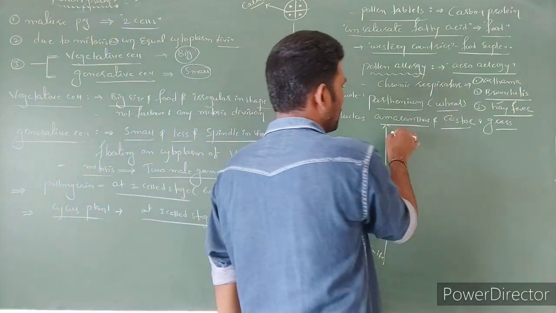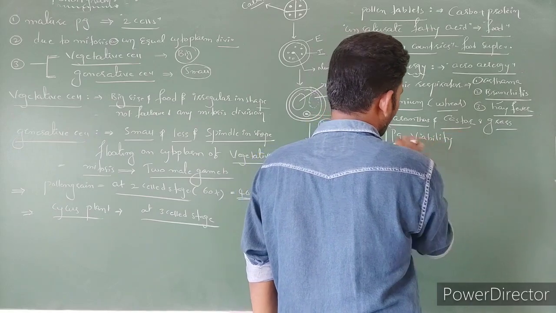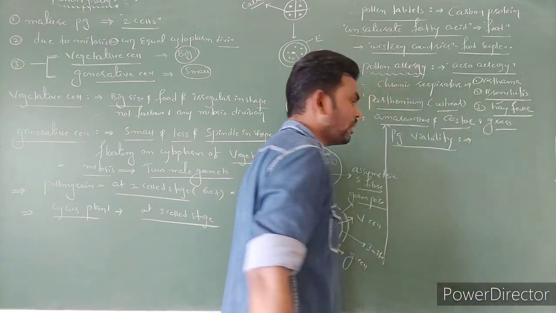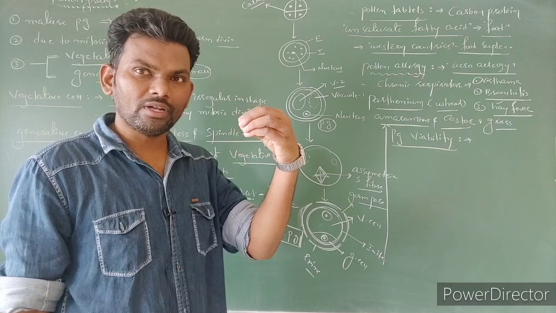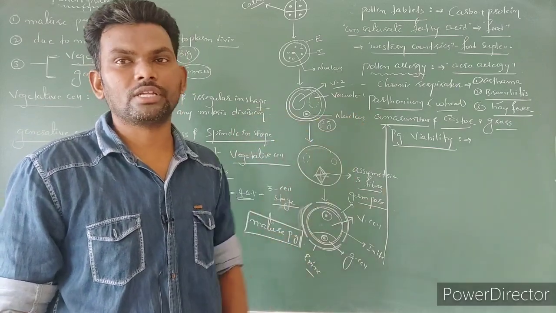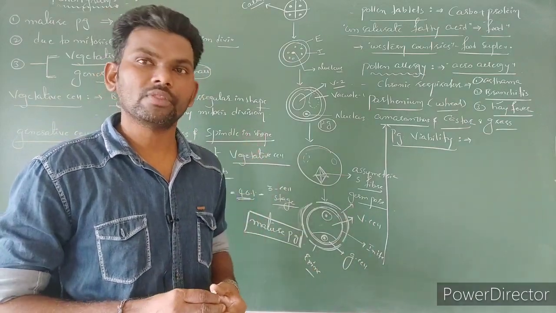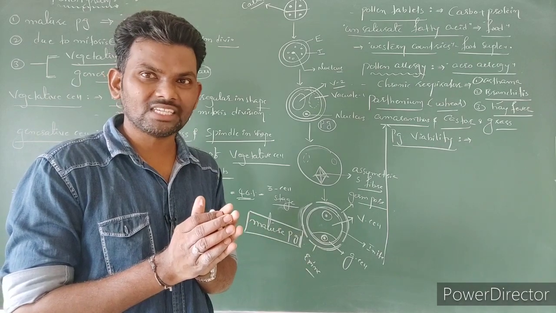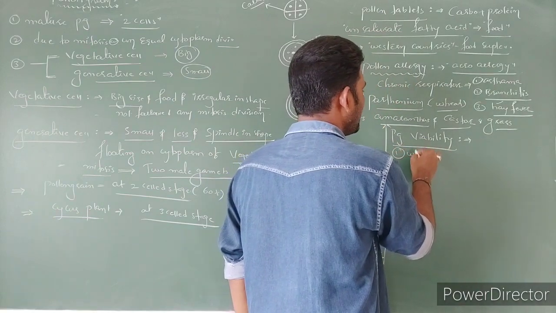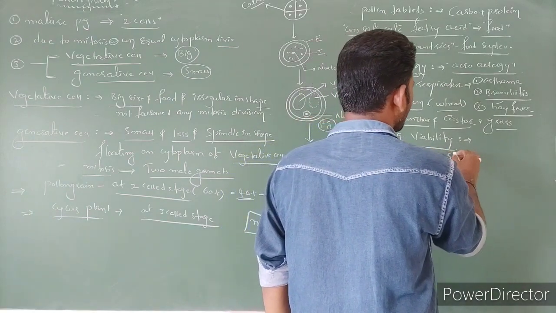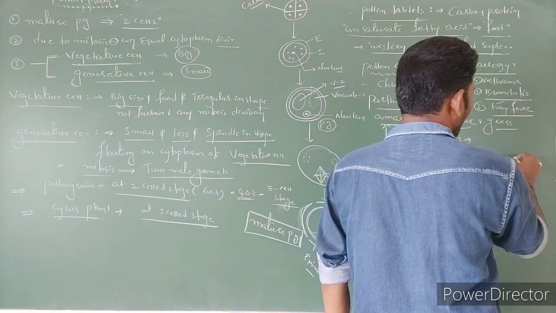Next, pollen grain viability, which is nothing but germination. Pollen viability differs in different species. If the pollen grain drops on the stigma within the viability time, then fertilization occurs. After the pollen viability time, the pollen grain does not germinate on the stigma, so fertilization does not occur. In cereals like wheat and rice, the pollen viability is only 30 minutes.